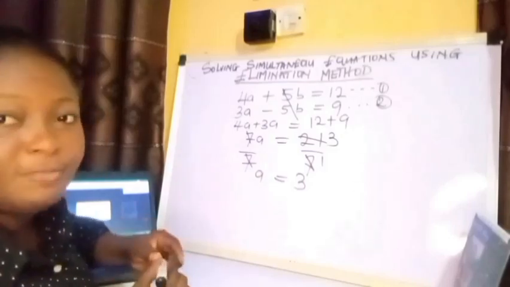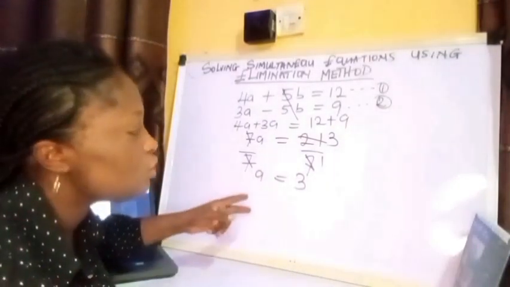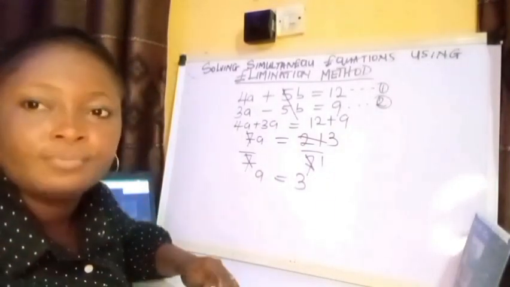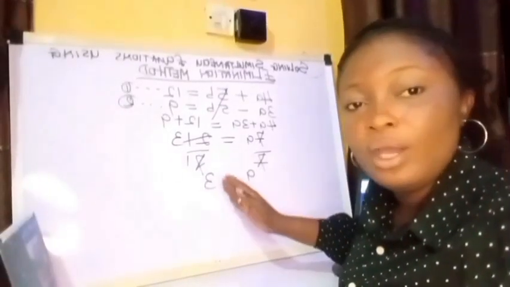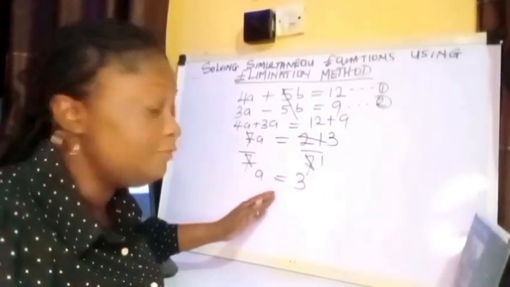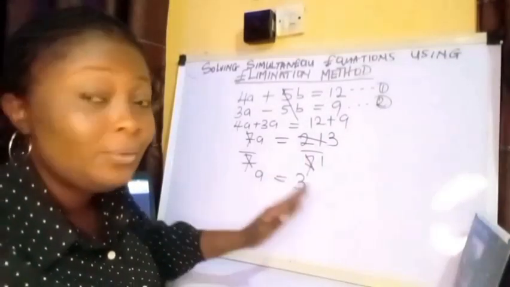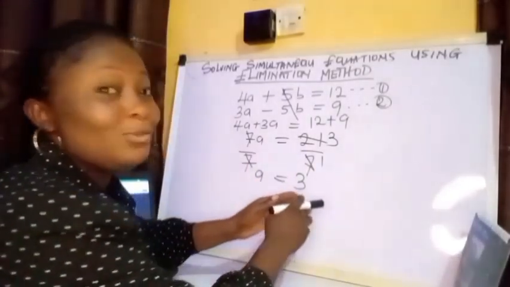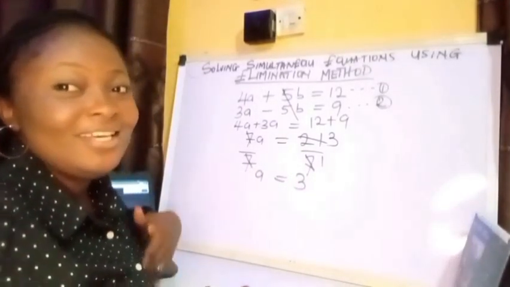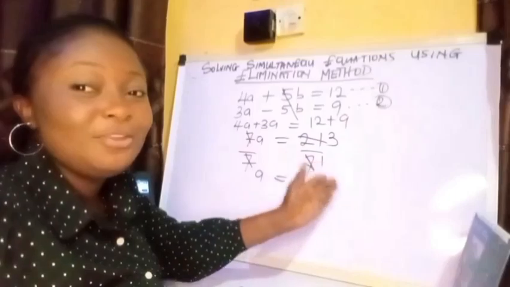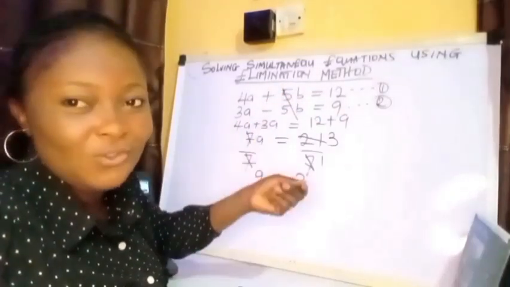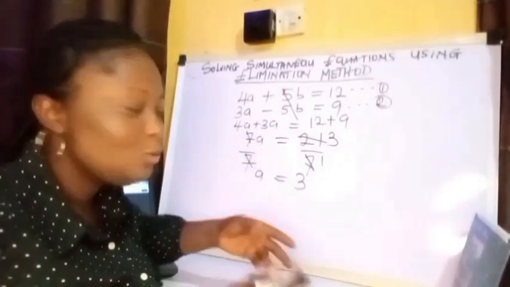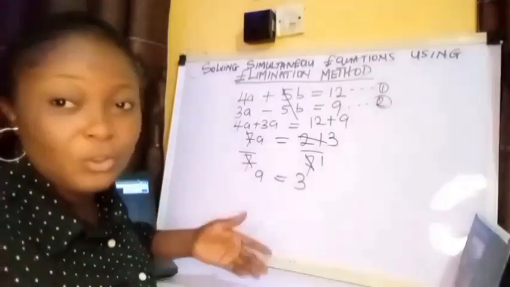Now we have found the value of a. Let us look for the value of b. Since we have found the value of a to be equal to 3, we can now use that a to get b by simply substituting a equal to 3 in either equation 1 or equation 2. So let me just pick equation 1.